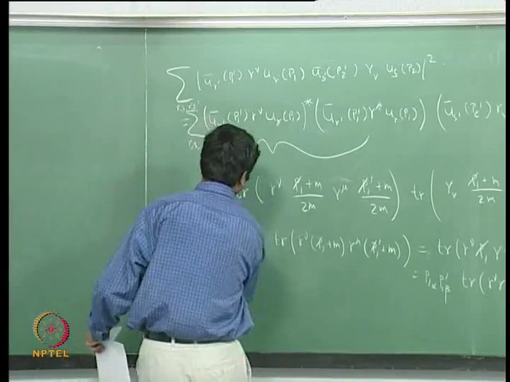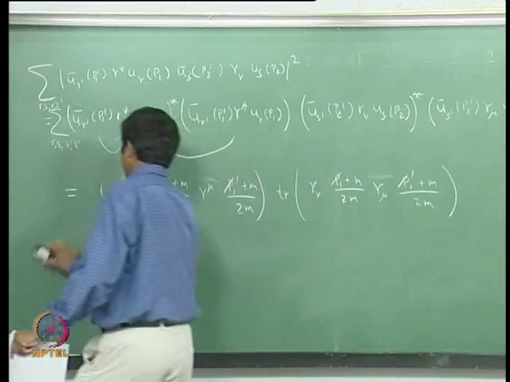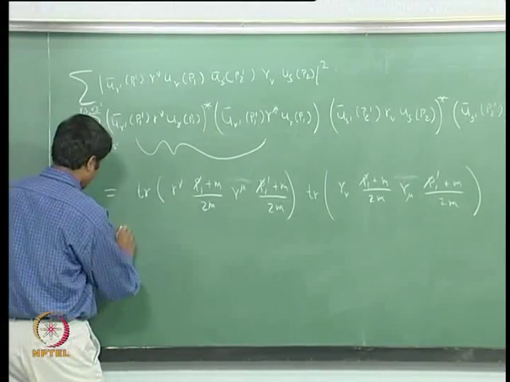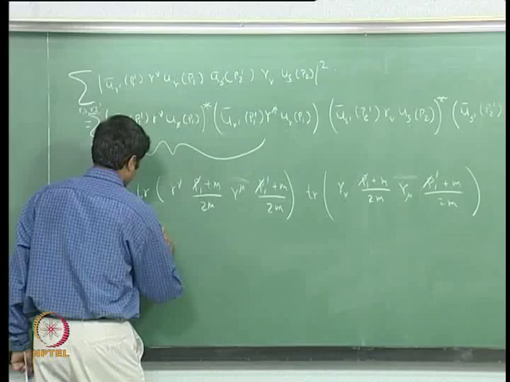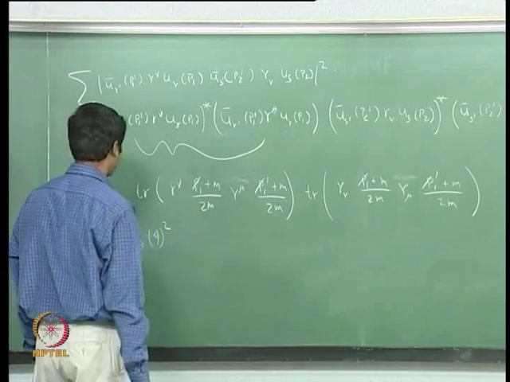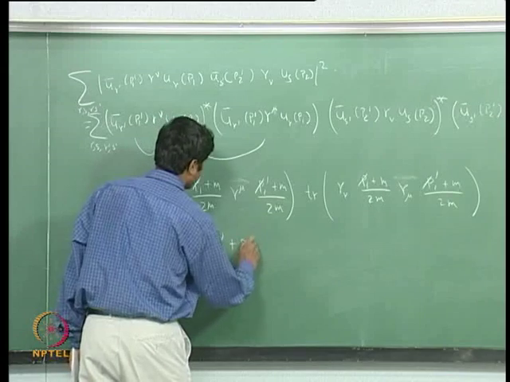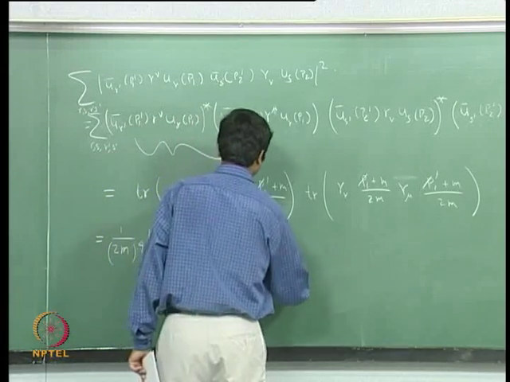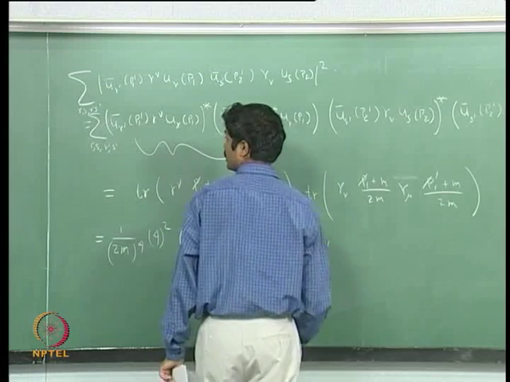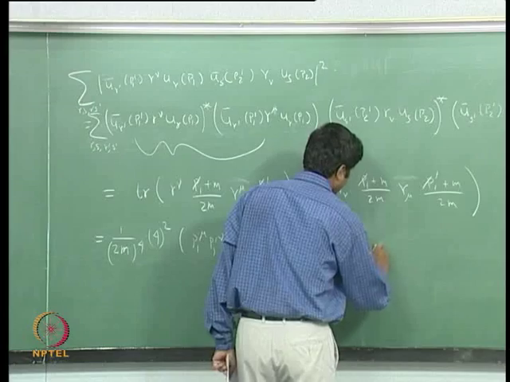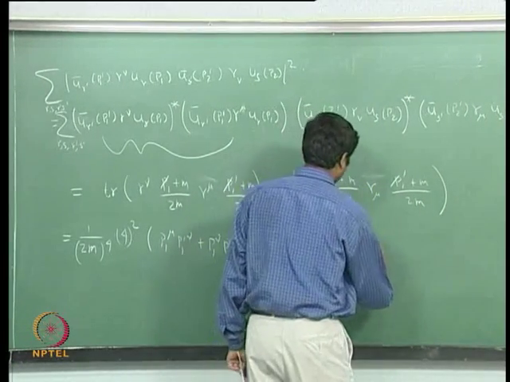When I substitute that for the first part, what I get here is 1 over 2 m to the power 4th, and then there are 4 square, 2 factors of 4, and this quantity is P 1 mu P 1 prime nu plus P 1 nu P 1 prime mu minus eta mu nu P 1 dot P 1 prime plus eta mu nu m square, that is from this part, and then from this part again I will get an identical term.